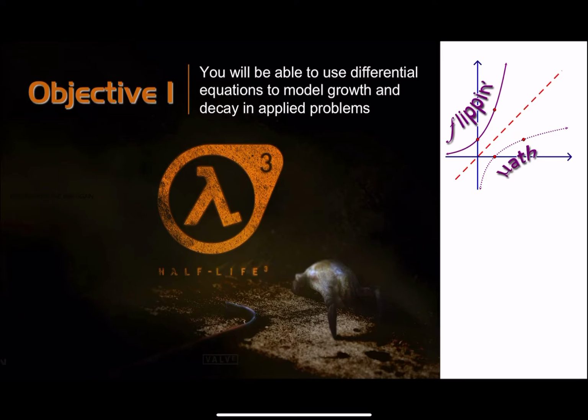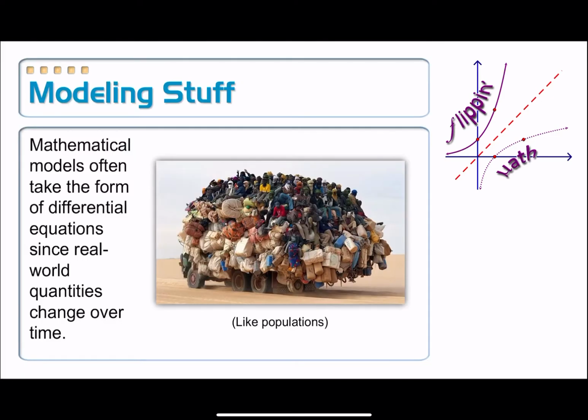It's used both in biology, chemistry, and in finance for continuously compounded interest. It's the same exact equation. So mathematical models often take the form of differential equations for the simple reason that stuff that we're measuring changes over time. Like, for example, populations. Usually those things change over time, so we use differential equations to model that kind of situation.